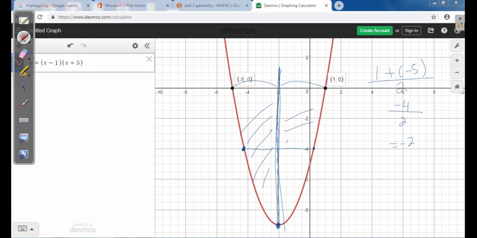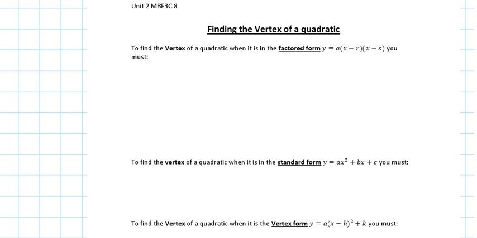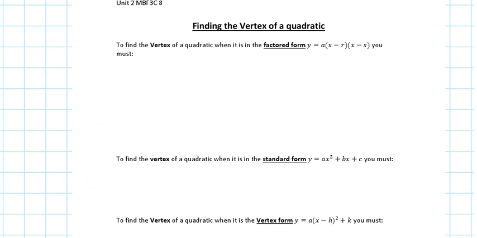First, you're going to find the axis of symmetry from your zeros. Let's write that down. To find the vertex of a quadratic that is in factored form: first step, find the zeros.